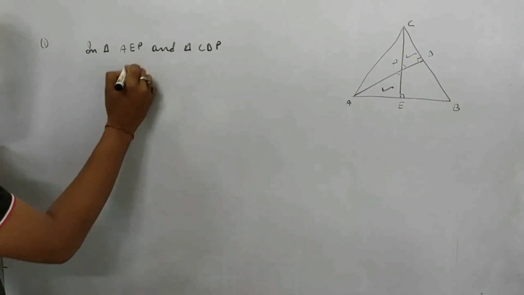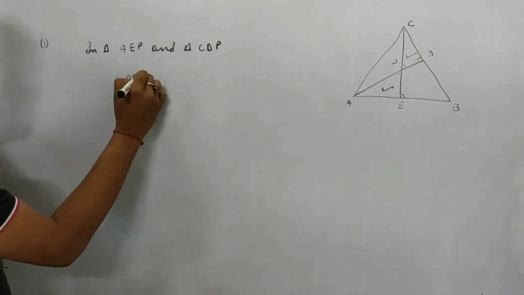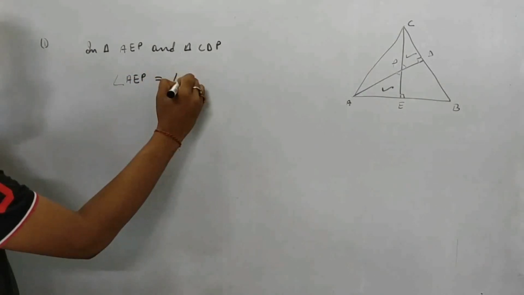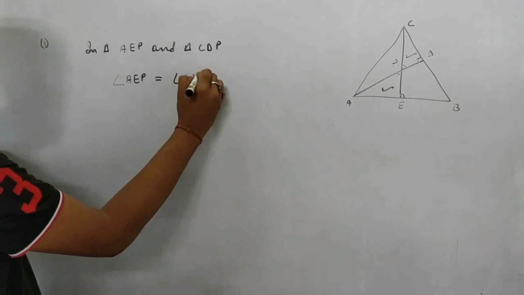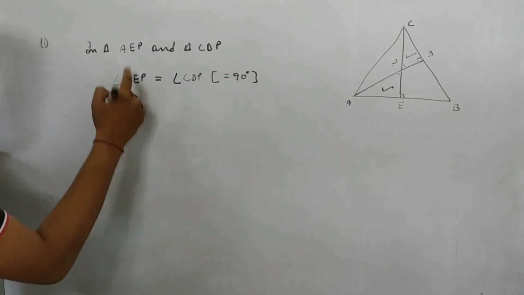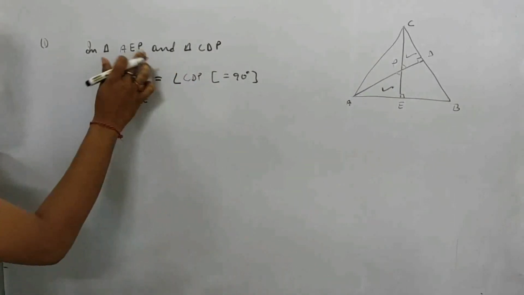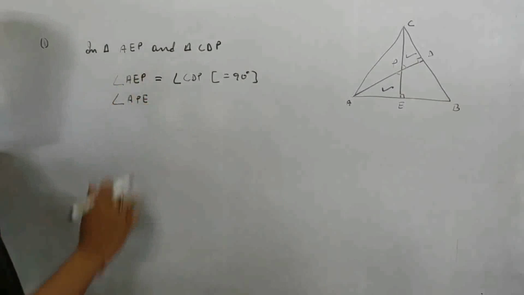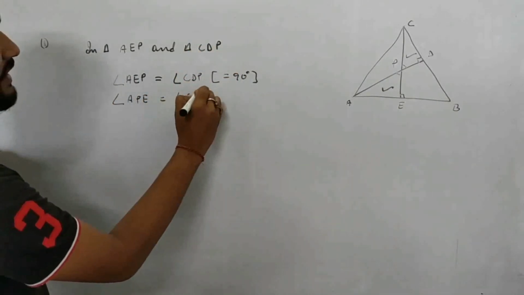So one is this one, angle E. What can I write? Angle AEP will be equal to angle, with what is it equal? With D, right? So I can write CDP, equal to 90 degrees. Next one is P and P, right? So I can write angle APE, just bring the P to the middle in the vertex position, will be equal to CPD.